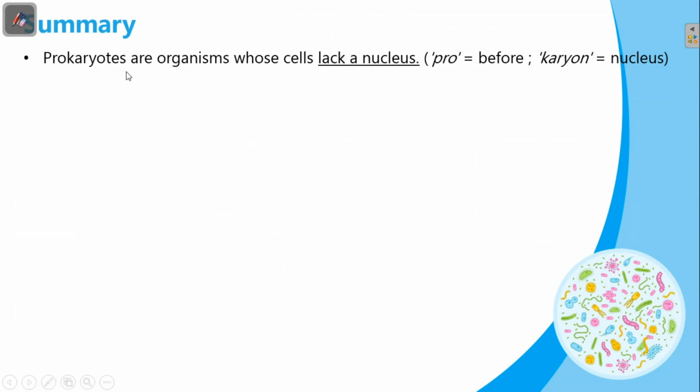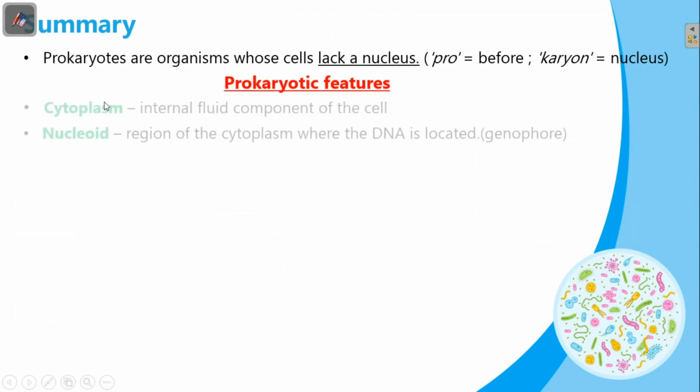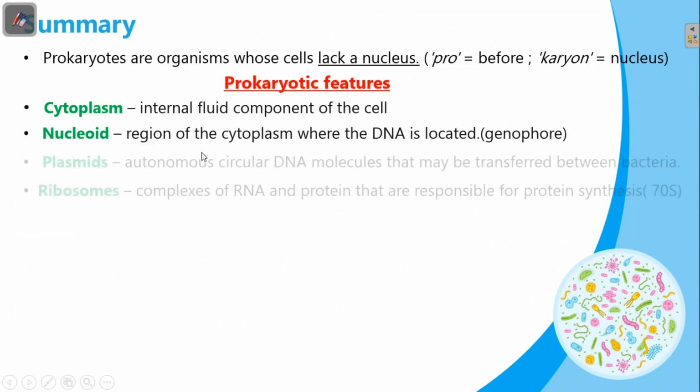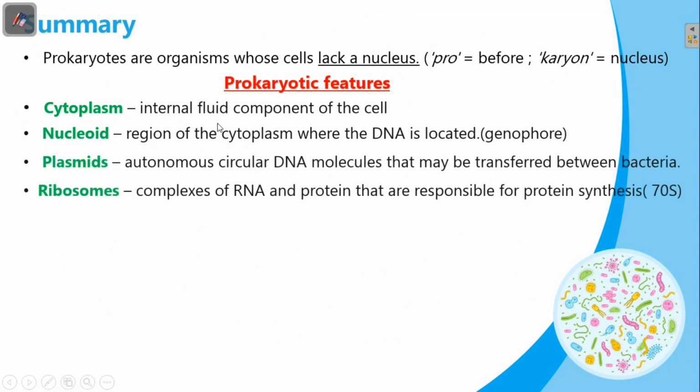Let us recall the total structure of a prokaryotic bacterial cell. Prokaryotes are organisms that lack the nucleus and nuclear membrane. A true nucleus is absent. Cytoplasm is the internal fluid component present in the cell. Nucleoid is the region of the cytoplasm where the DNA, the genetic material, is located.